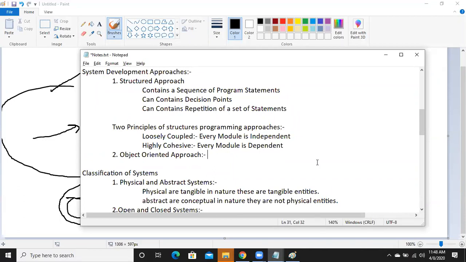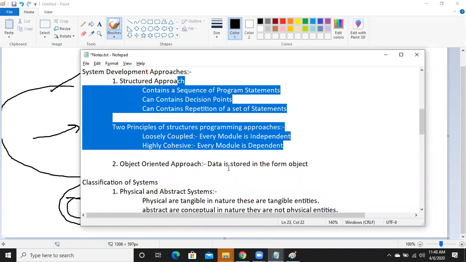The object-oriented approach mainly follows the data, what to do about data. We store all data in the form of objects. The structured approach follows the structure of a program; its motive is to make the program code structured.